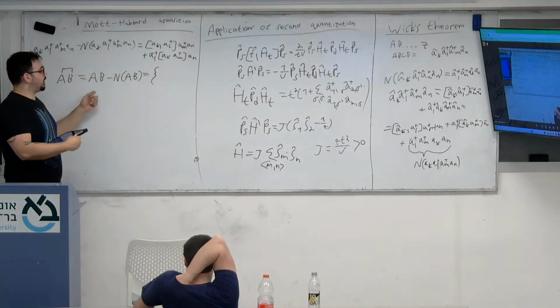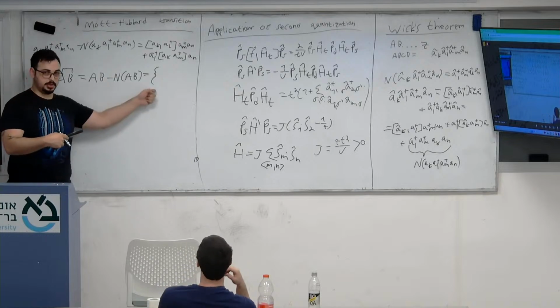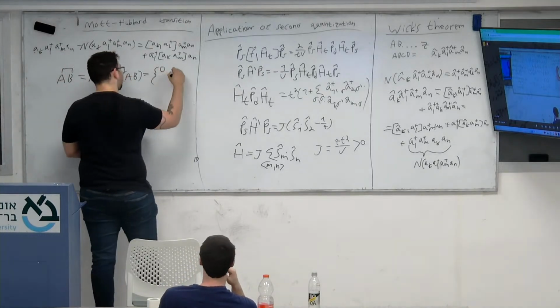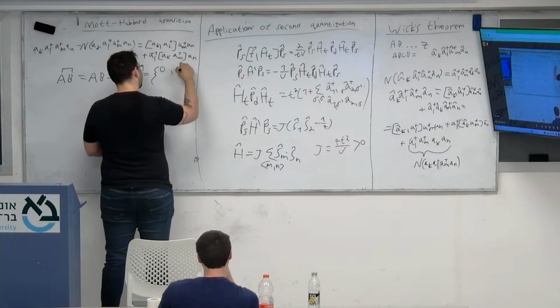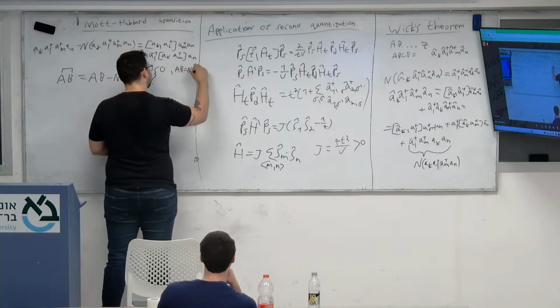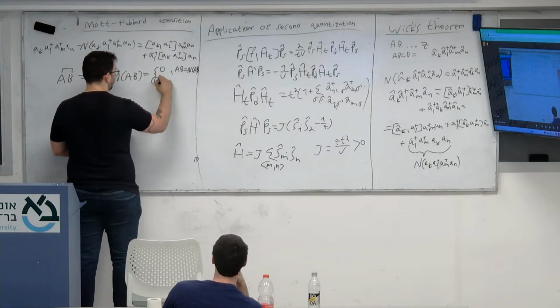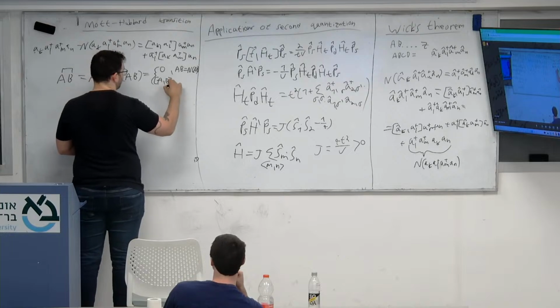Now, if A and B are already in normal order, this will be 0. And if it's not in normal order, it will be the commutation relation.